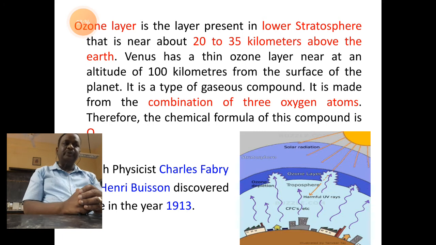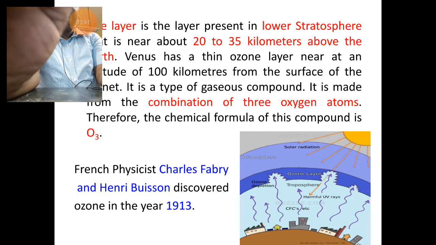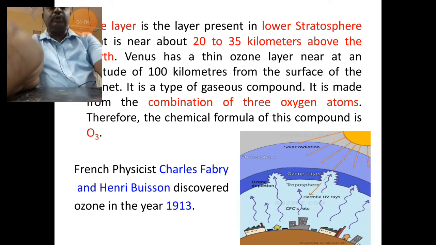In step 2, the oxygen molecule joins with the oxygen atom to form O3 or ozone. Students, it was the French physicists Charles Fabry and Henri Buisson who discovered ozone in 1913.